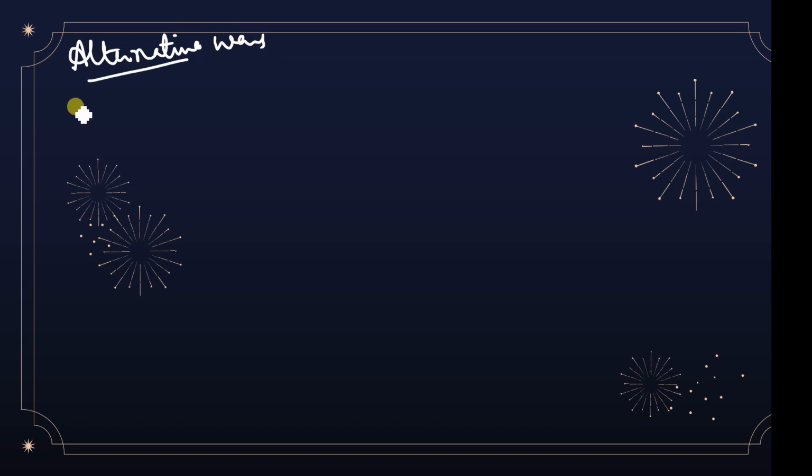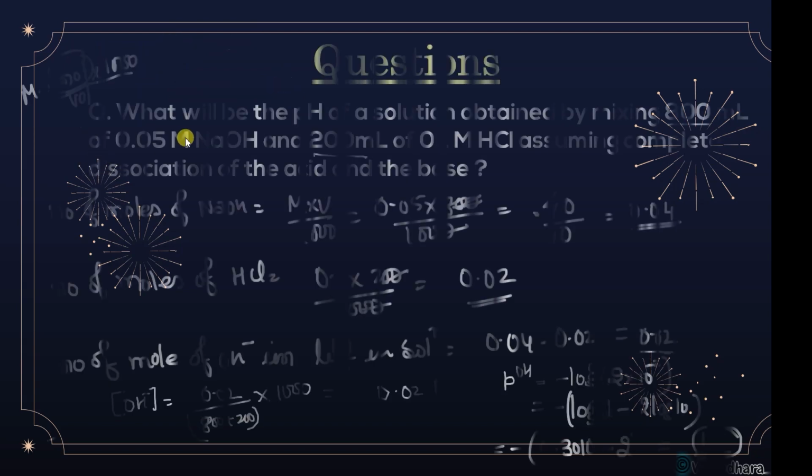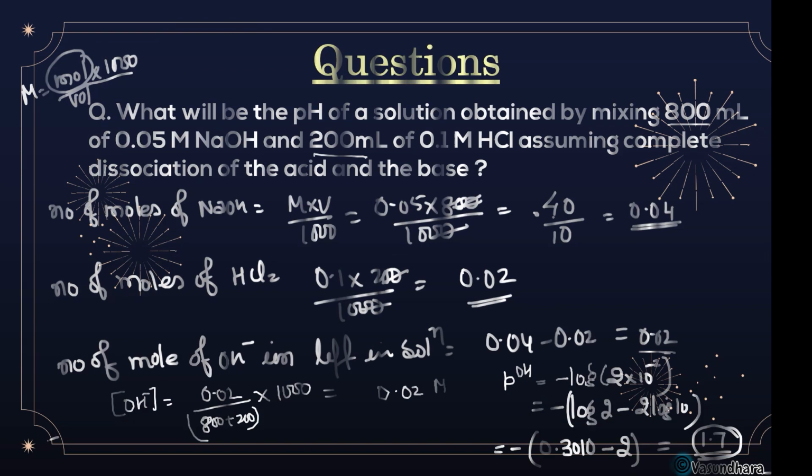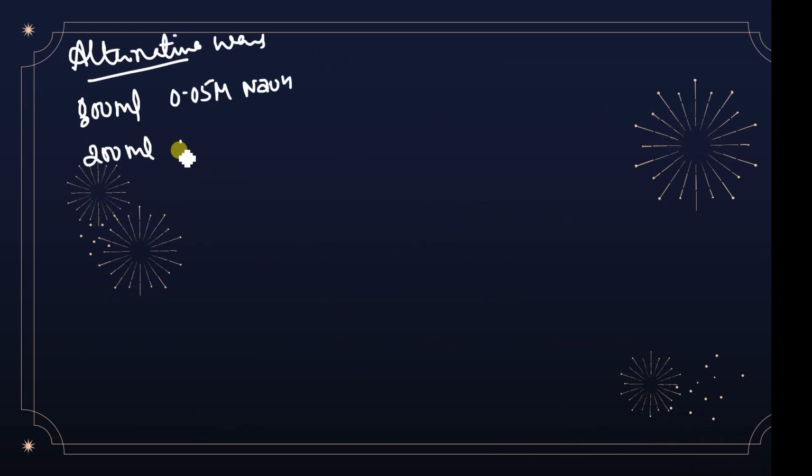In this case, the base was 800 ml of 0.05 M NaOH, and the other was 200 ml of 0.1 M HCl. You can do some mind calculation over here, and you can see that the base is around 40 and the acid is around 20.